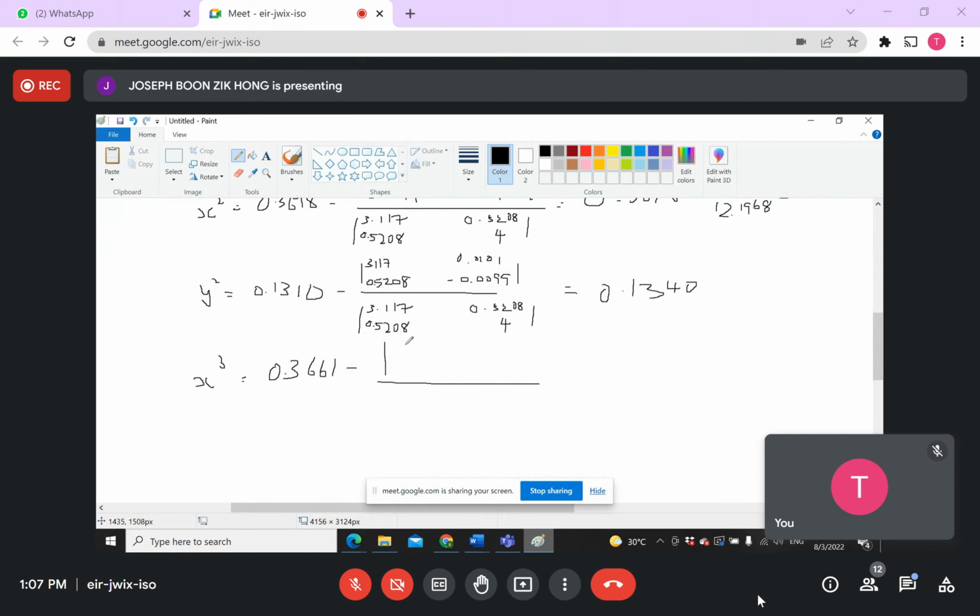So this one I get very, very small, which is 0.0002.